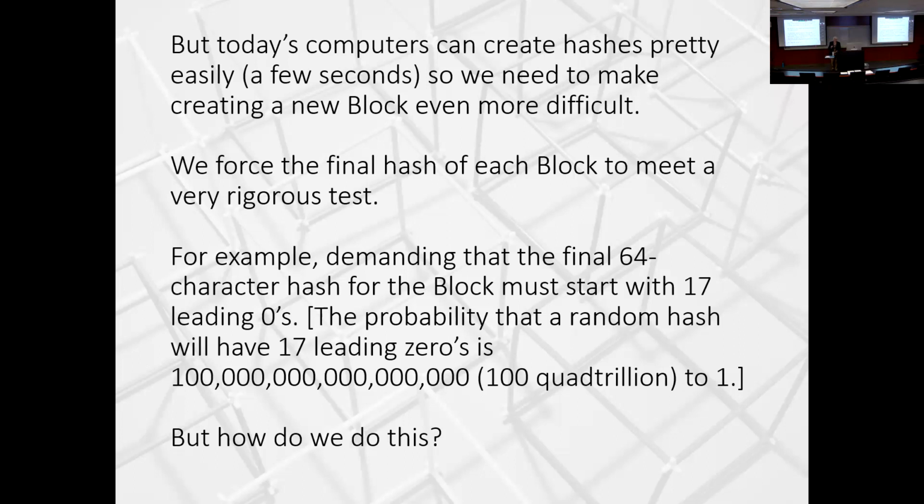This is where the deterministic nature of the blockchain fails. From this point on, it's no longer deterministic.